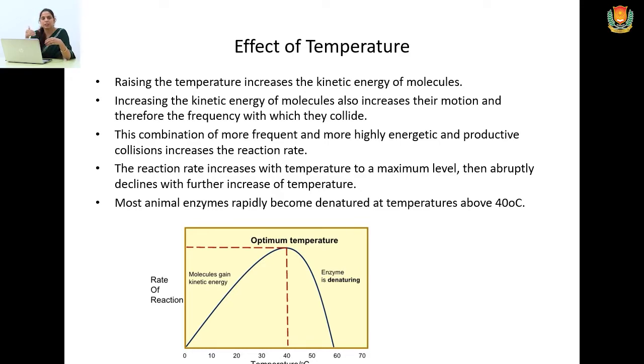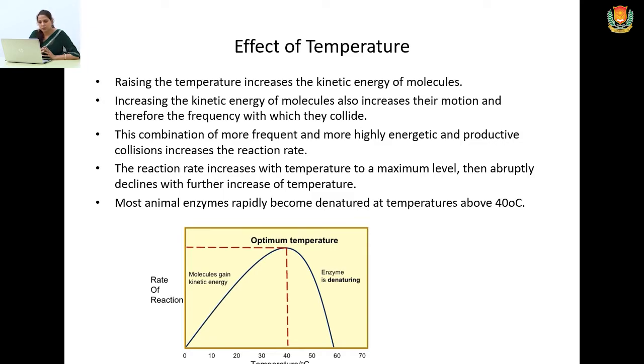Increasing the temperature increases the kinetic energy, the collisions, and the interaction between the molecules. So the rate of reaction increases until the optimum temperature, and then there is an abrupt decline in the rate of reaction on increasing the temperature further.